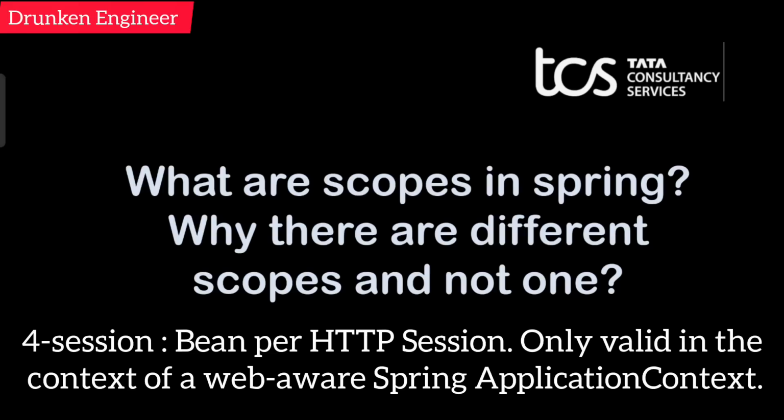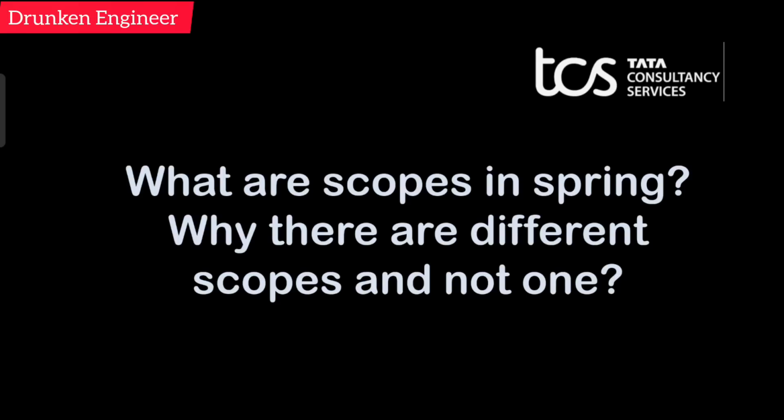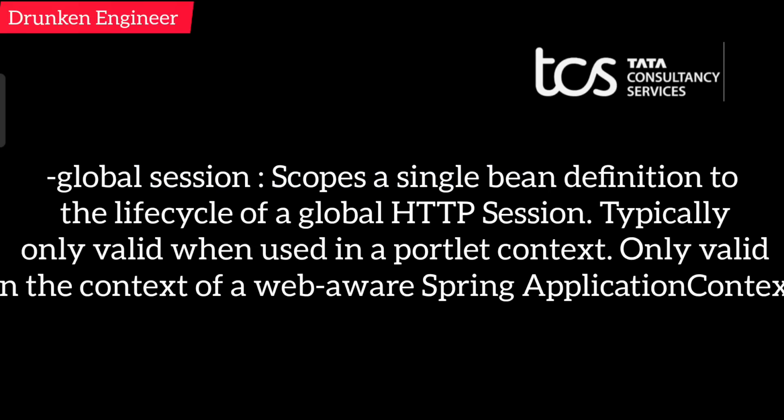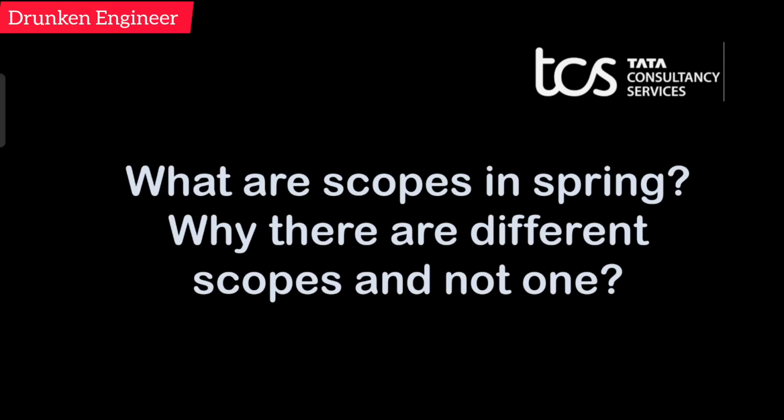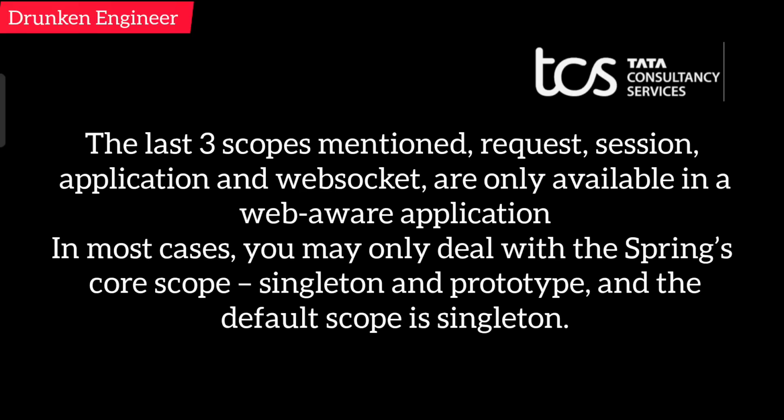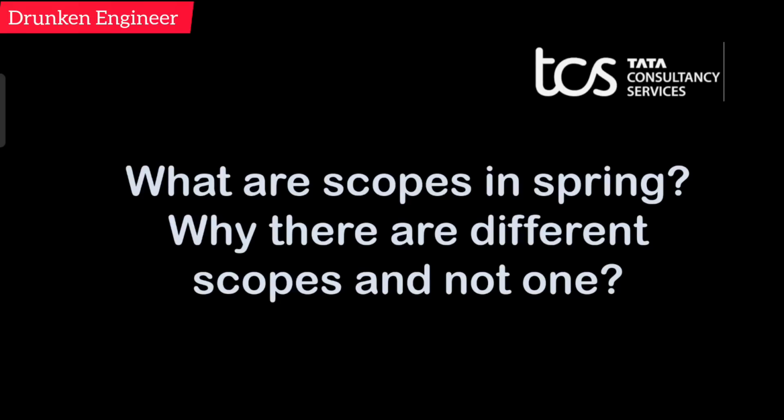And the third one is global session. It scopes a single bean definition to the lifecycle of a global HTTP session, typically only valid when used in a portlet context. So the last three, request, session and global session, are with the context of a web-aware Spring application context. So this is about the scopes.